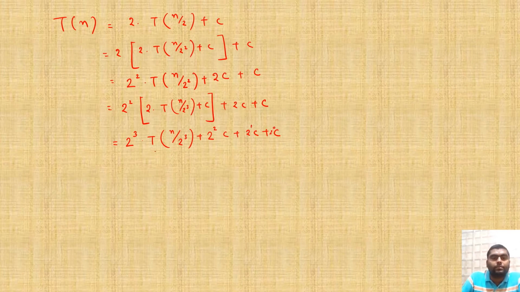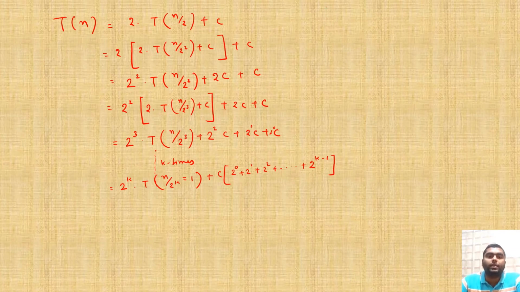If you repeat the same process k times, then the result will be 2 raised to the power k into T of n upon 2 raised to the power k, which finally equals T of 1, plus, if you take C common, 2 raised to the power 0 plus 2 raised to the power 1 plus 2 raised to the power 2 plus so on so forth. Here it was 3 and went up to 2; here it is k, so it will go up to 2 raised to the power k minus 1, like this.